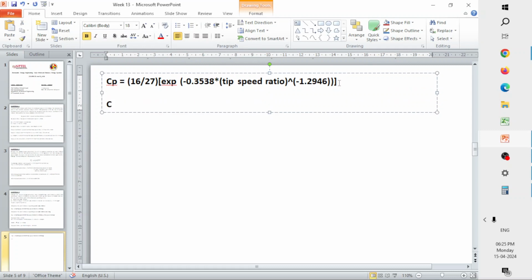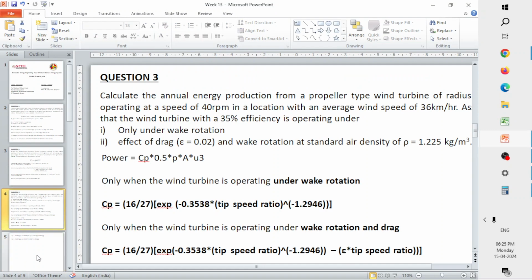So Cp value is nothing but 16 by 27, let me just copy that. And in place of tip speed ratio you can substitute 18.8397.